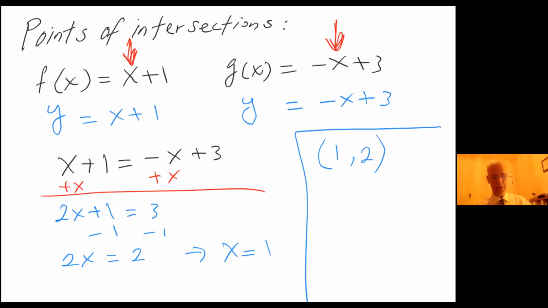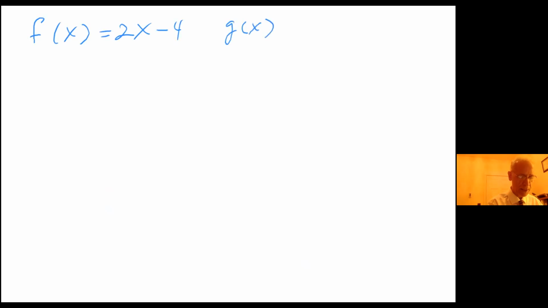Let's do another example. Let's do another two linear functions, f and g. Suppose f of x equals 2x minus 4, and suppose g of x equals 6 minus x. Once again, f is going up, g is going down, it has negative slope, so they're going to intersect at some point.